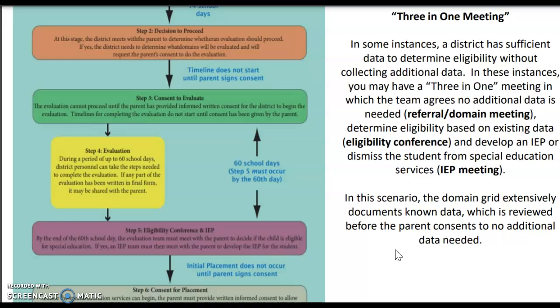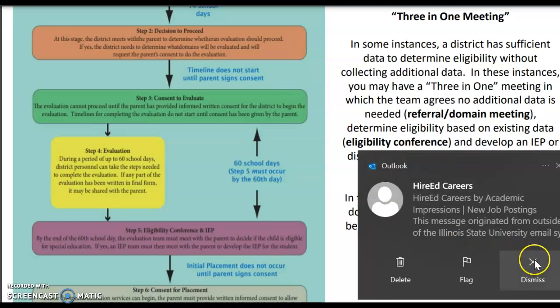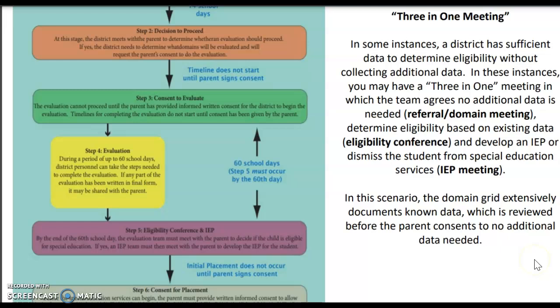And therefore, because they have that much data during this meeting, they will determine the eligibility based on the existing data. So they're having the referral or domain meeting, the eligibility conference, and then they develop an IEP, or they dismiss the student from special education services if data has been collected showing that the student no longer needs special education services or doesn't need special education services in the first place.